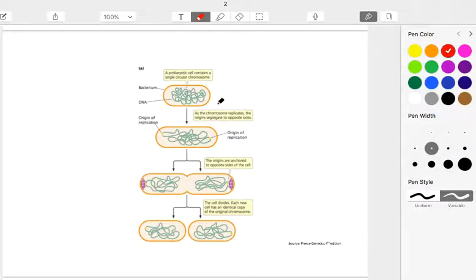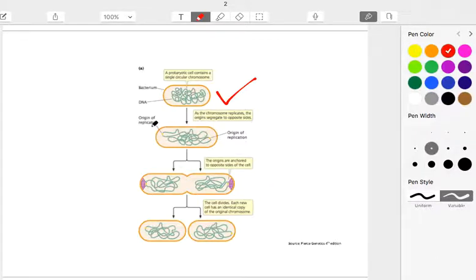In the case of prokaryotes, the reproduction of a prokaryotic cell, which contains a single circular chromosome or DNA, starts at the origin of replication. Origin of replication means the place from where the replication starts. And the cell will grow.